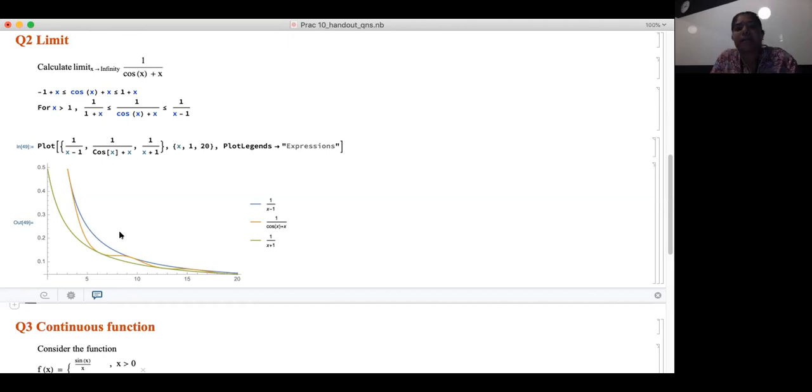Yeah, Kai, that's good. So when the function is in between these two other functions, then you would take the limit of the left-hand function and the limit of the right-hand function. And if those two limits go to the same value, then the limit of the middle function should also go to the same value. Okay, so that's how you should approach.